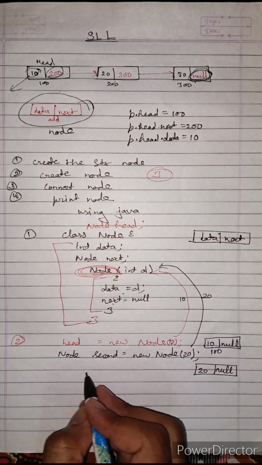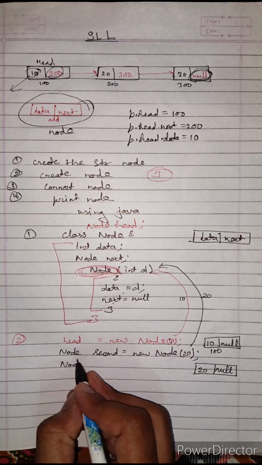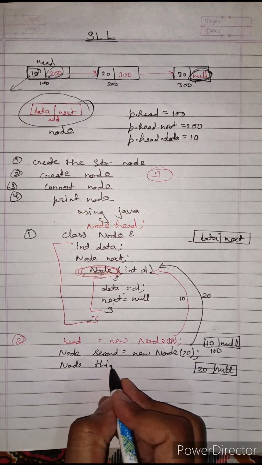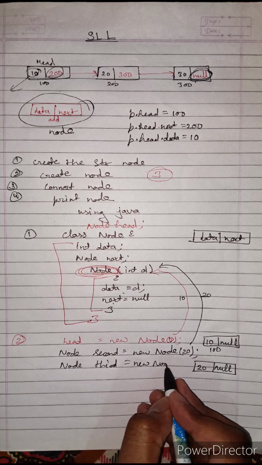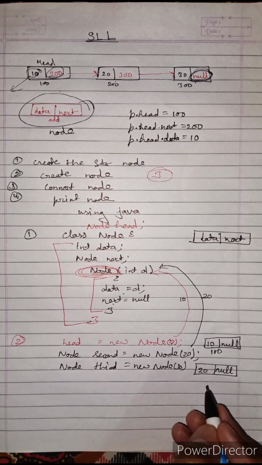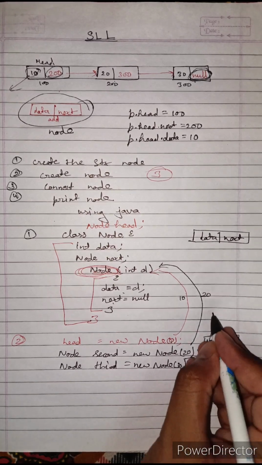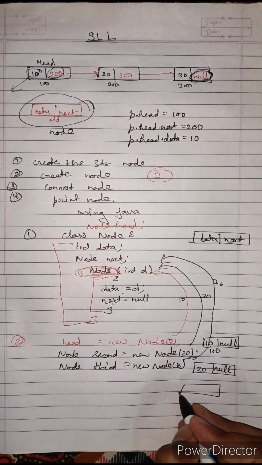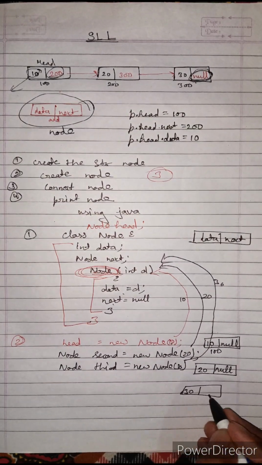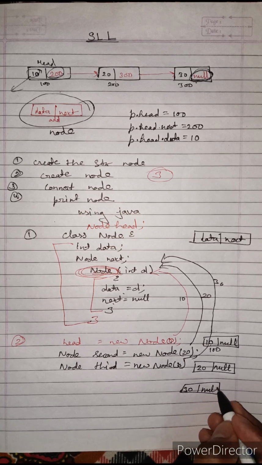Then I will pass the third node: new Node, and I am passing 30. It will create another node whose value is 30, and next is null.